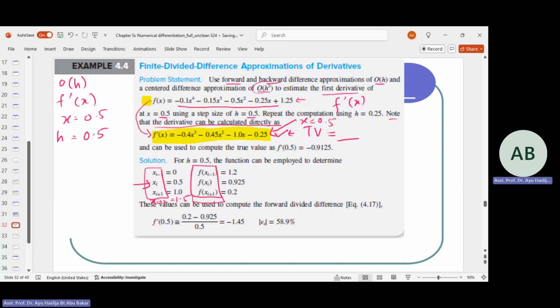For O(h^2), you should find the equation involving first derivative with O(h^2).